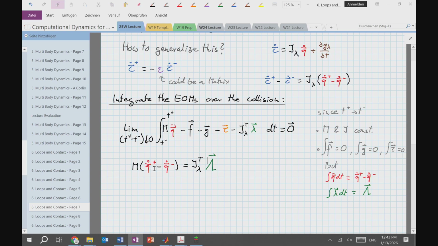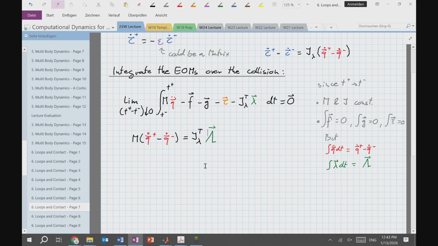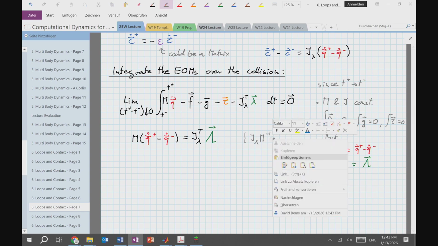So instead of accelerations, I'm looking at jumps in velocities, and instead of contact forces, I'm looking at a contact impulse. And now I do a bit of a manipulation where I multiply this from the left with j lambda times m inverse, on both sides.